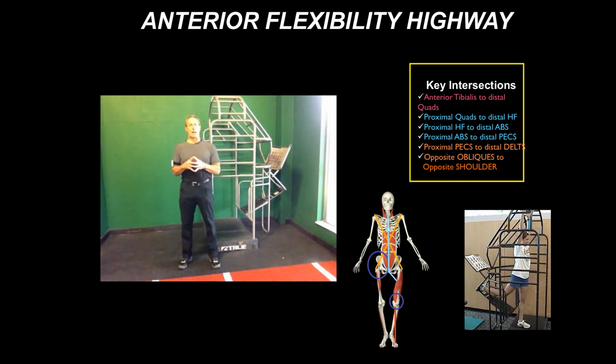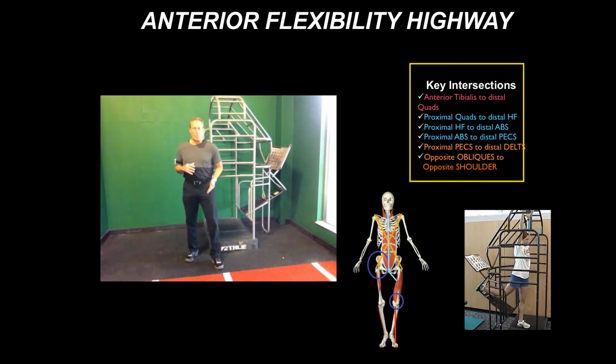And I believe that the body is connected in really many ways through the myofascial matrix, the inner connecting web that is all around the body that creates synergistic relationships and synergistic efficient movements. But when I look at flexibility, I look at 6 flexibility highways. One is the anterior flexibility highway that runs from the anterior tibialis that comes north and connects with the distal quadricep.